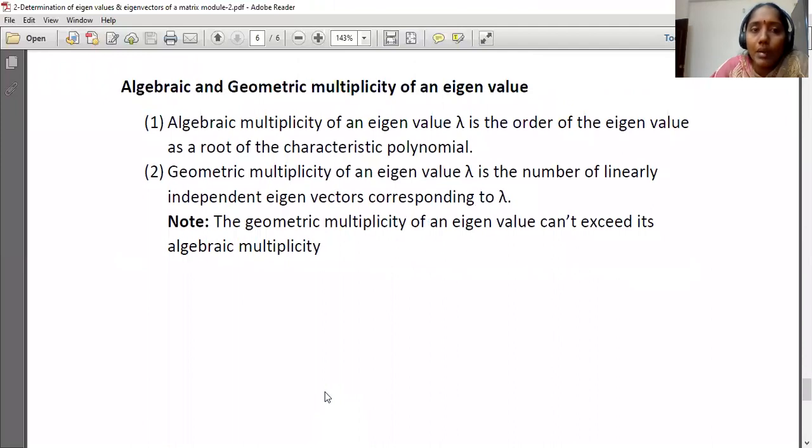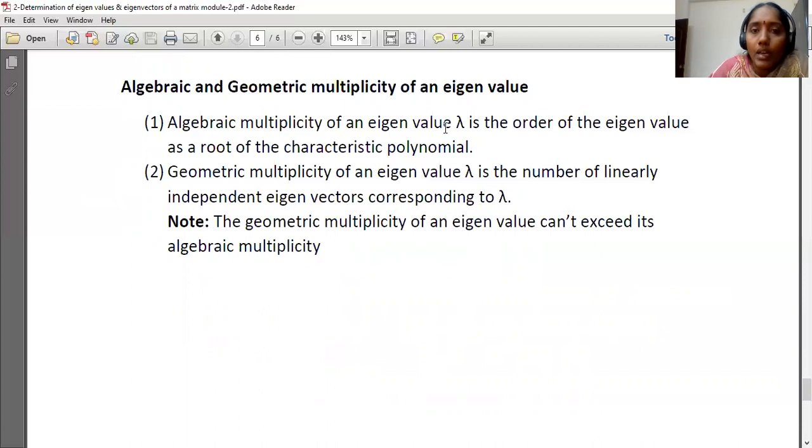That is algebraic and geometric multiplicity of an eigenvalue. Algebraic multiplicity of an eigenvalue lambda is the order of the eigenvalue as a root of the characteristic polynomial. Geometric multiplicity of an eigenvalue lambda is the number of linearly independent eigenvectors corresponding to lambda.